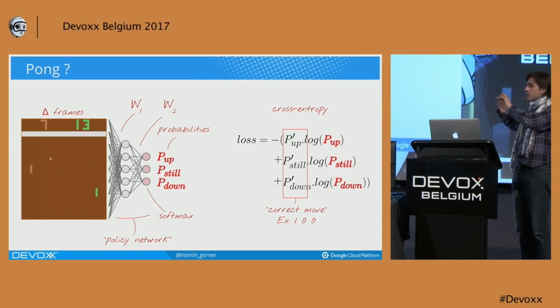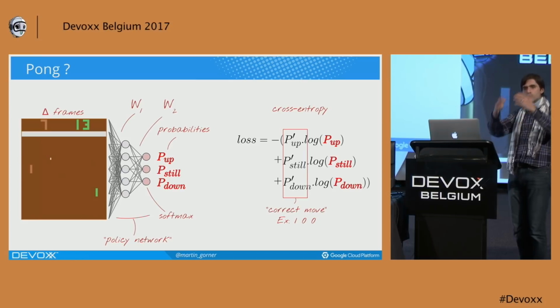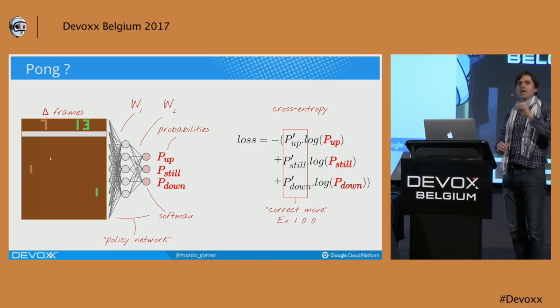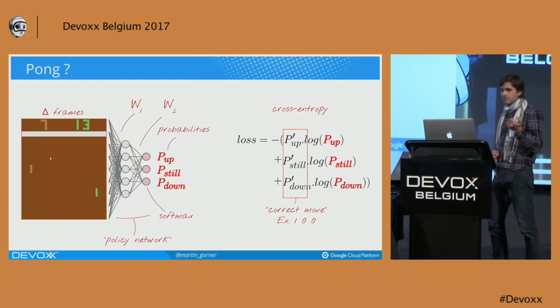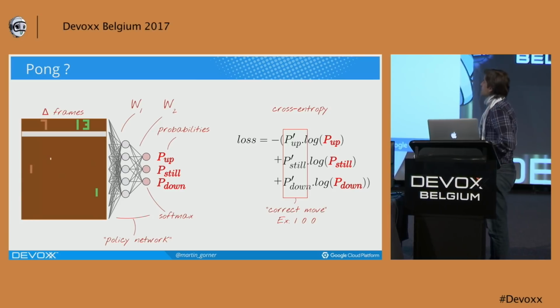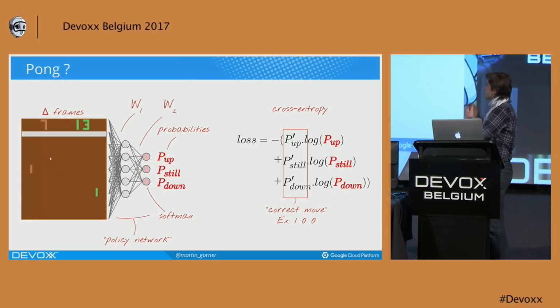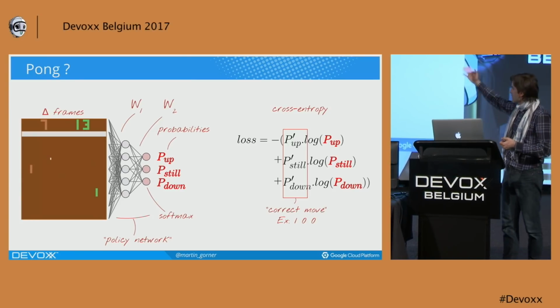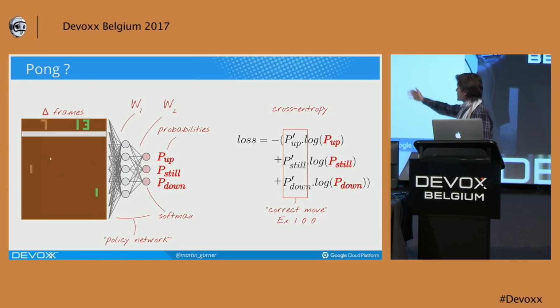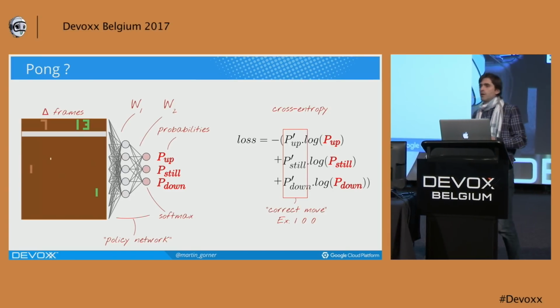And again, we will be learning to play Pong from just looking at the pixels and, of course, having information about when a point was scored by us or against us. So we take the pixels, run them through a dense neural network, which I have represented here. We know the drill by now.